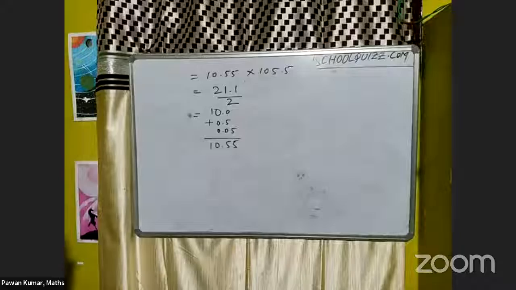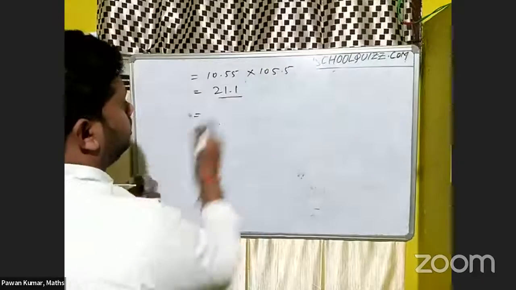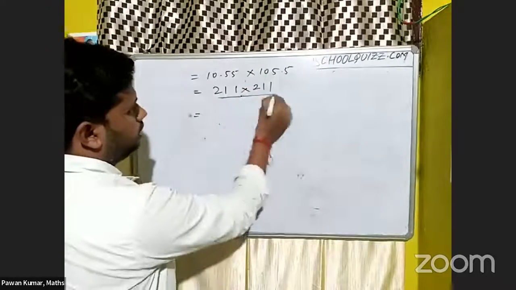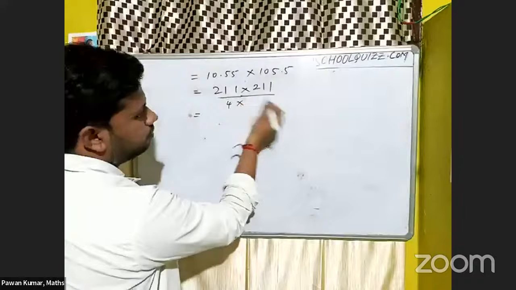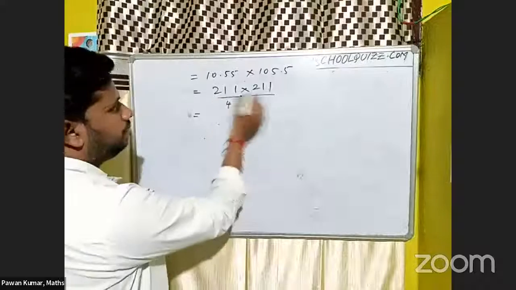How do you get 21.1? Simply noted. What I did here is I separated it first as 4 into 10. If I remove this 0, I need to keep a decimal there, no?